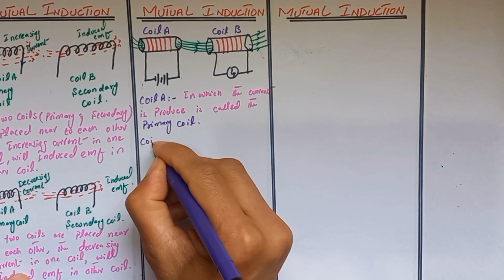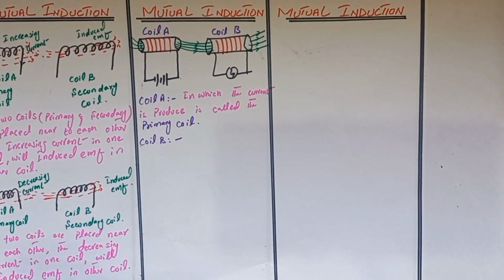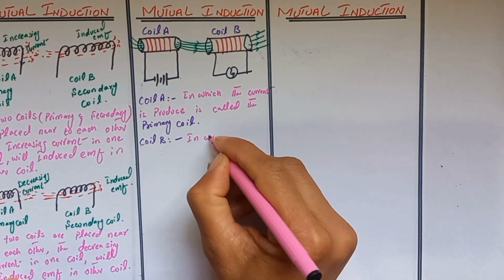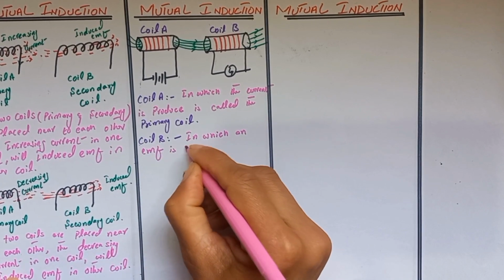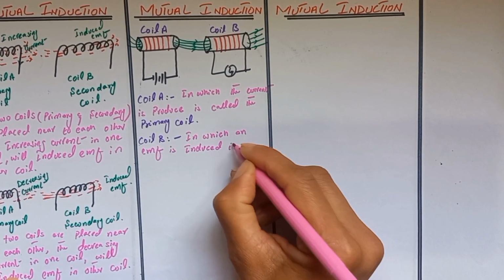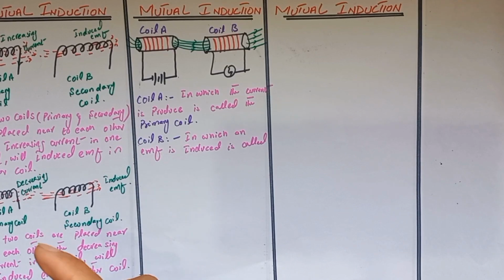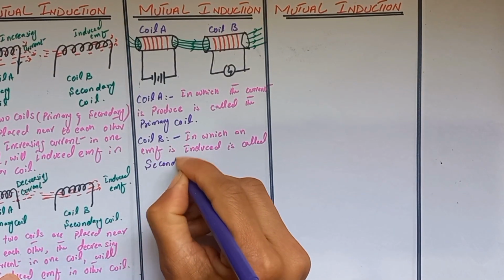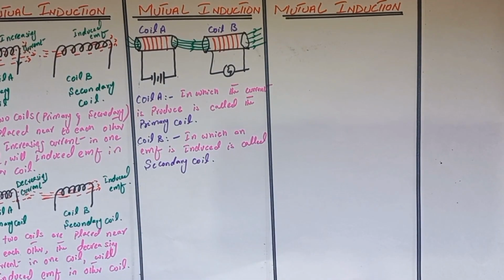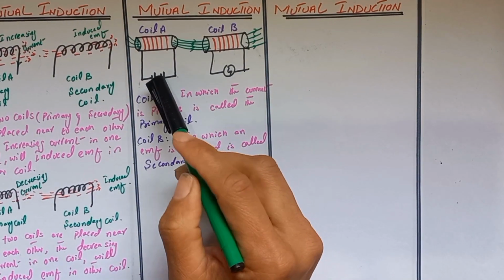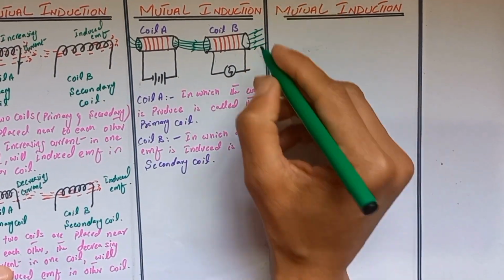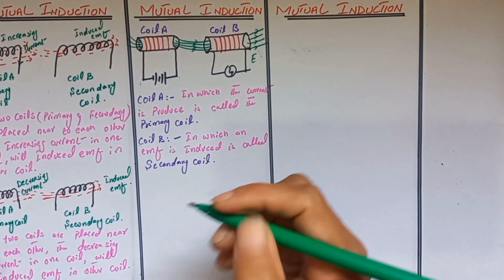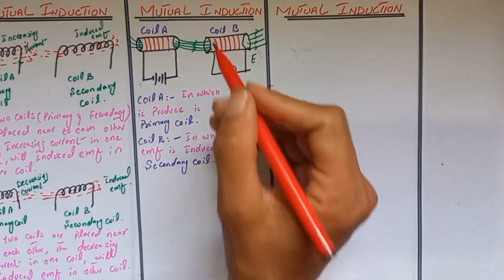Coil B, in which an EMF is induced, is called the secondary coil. When we change the current in coil A, the primary coil, it induces an EMF in coil B. This induced EMF is represented by E.